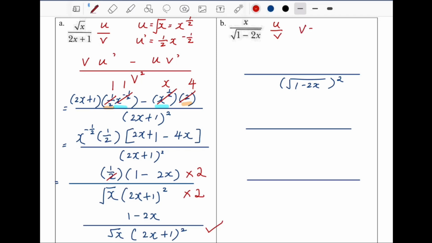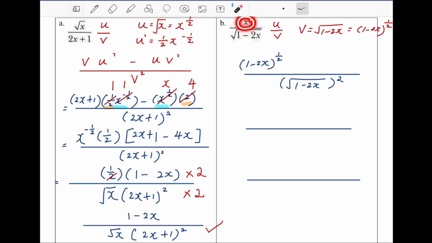So v is the same as 1 minus 2x. You can change it to 1 minus 2x power 1 over 2. Okay, so this is v. Followed by u prime. This is your u.